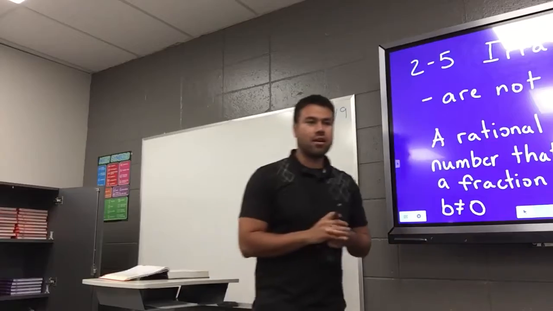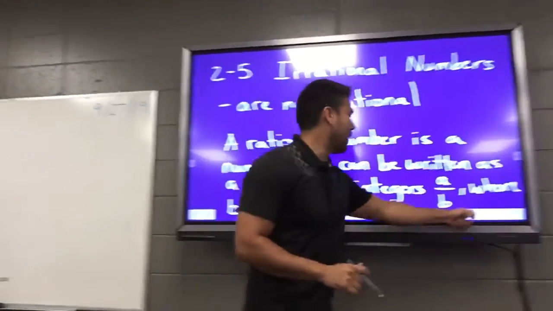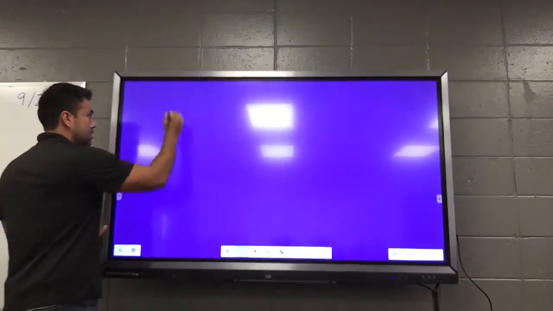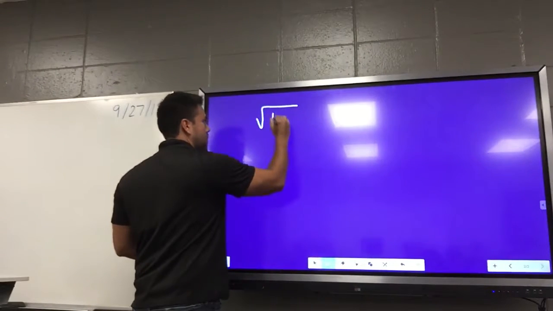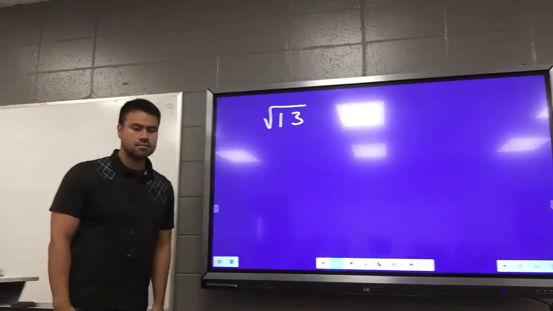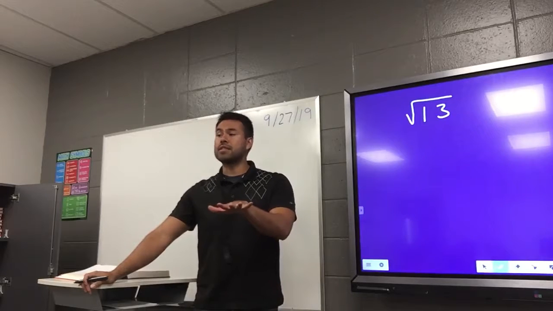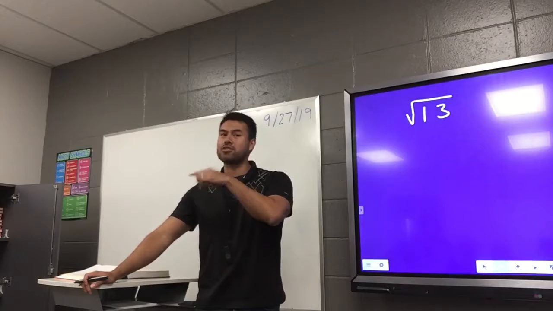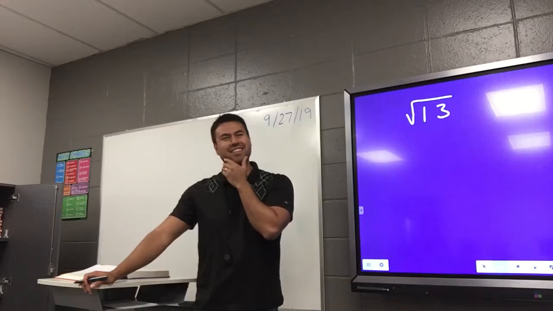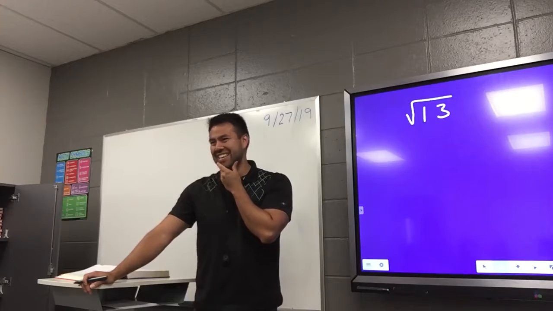Okay, I'm going to move on. All right, here's an example. The square root of 13 cannot be written as a fraction of integers. But can it be written as a fraction? Yes.